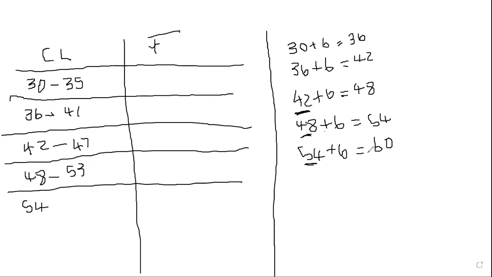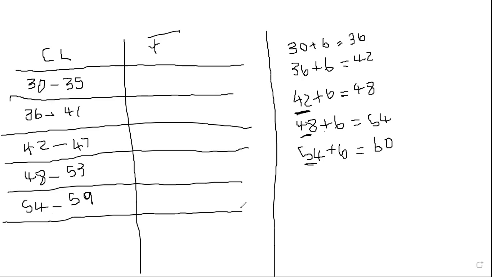I cannot say 60, because 60 would be the next if we were continuing. But in this case, we're not going to continue. We're going to end here, meaning it ends with 59. And 59 is our maximum value from our data set, so it is now accommodated. So this is how we are going to set your class limits.